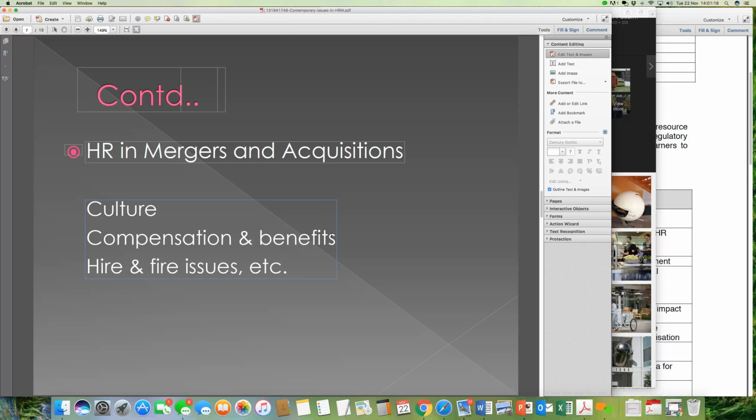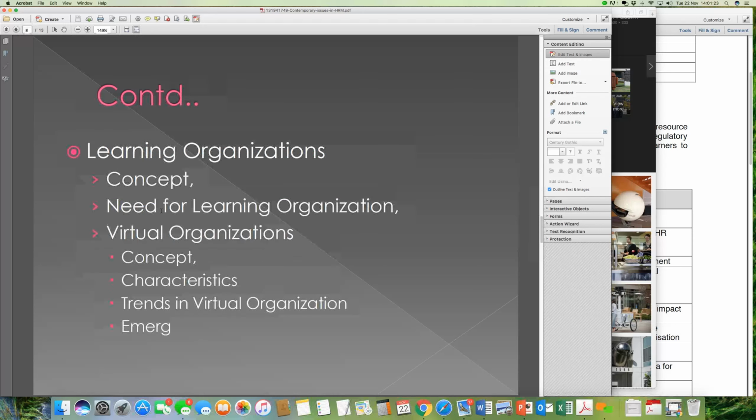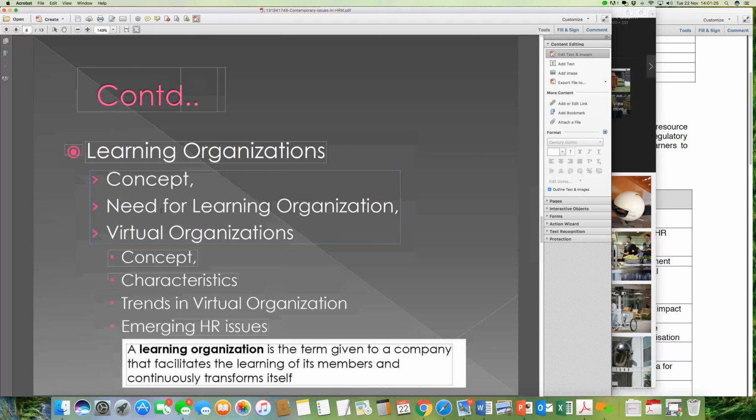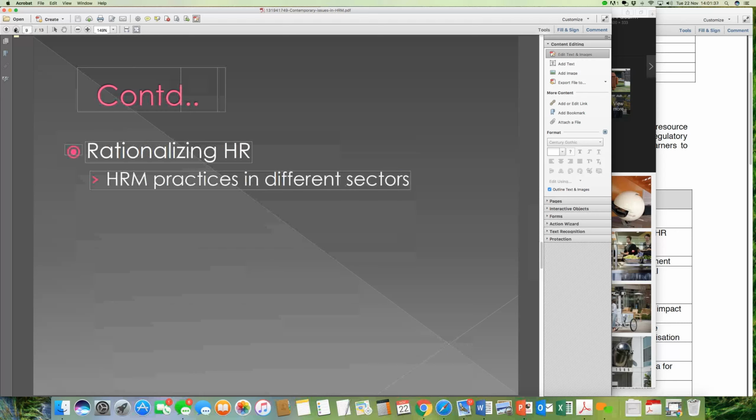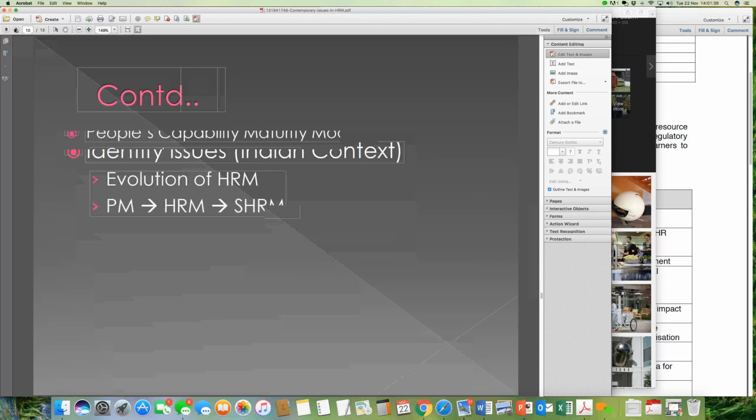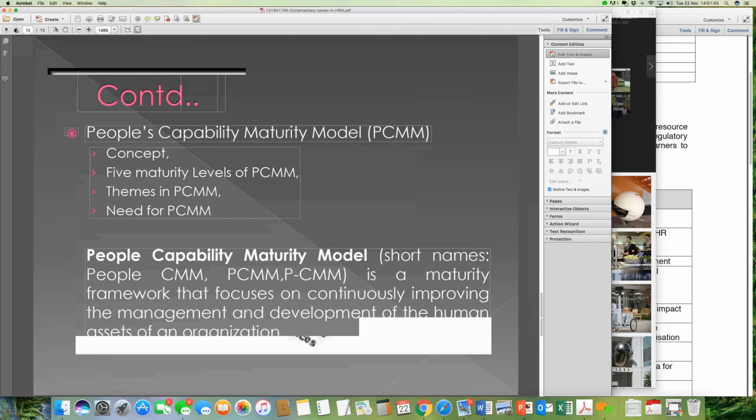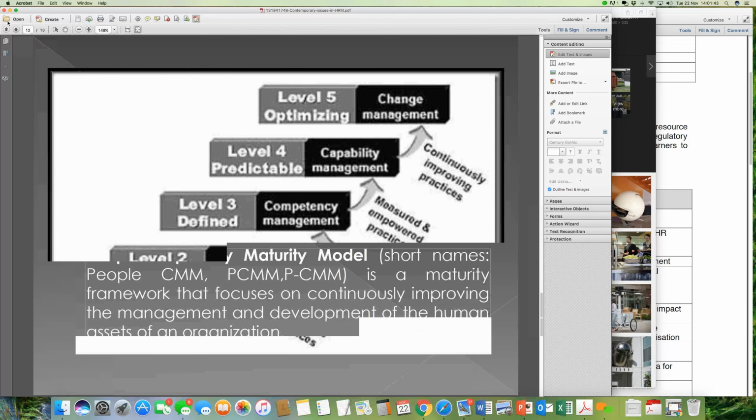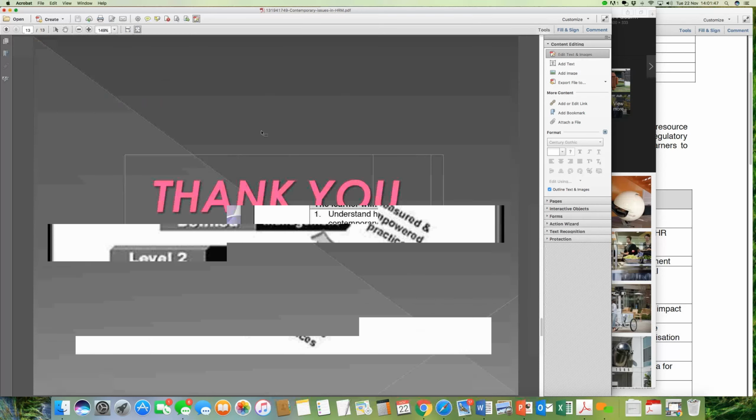Now I'm going to give you some handouts, so that you can read a bit more detail on these issues and why they are considered contemporary issues. What I'm going to do at this stage is stop, so that you can get hold of this presentation from me and go through the contemporary issues which impact the workforce within the organization.